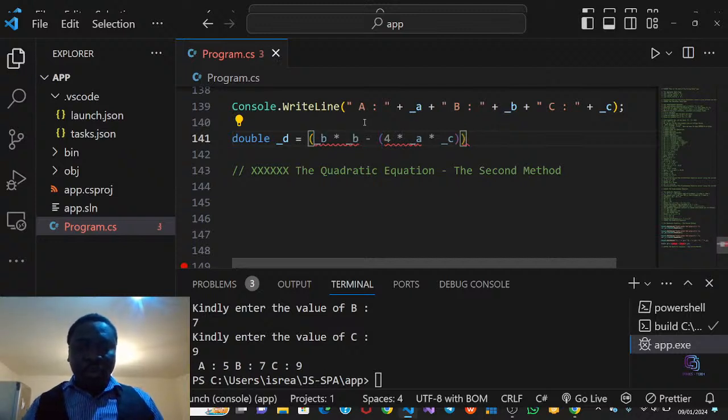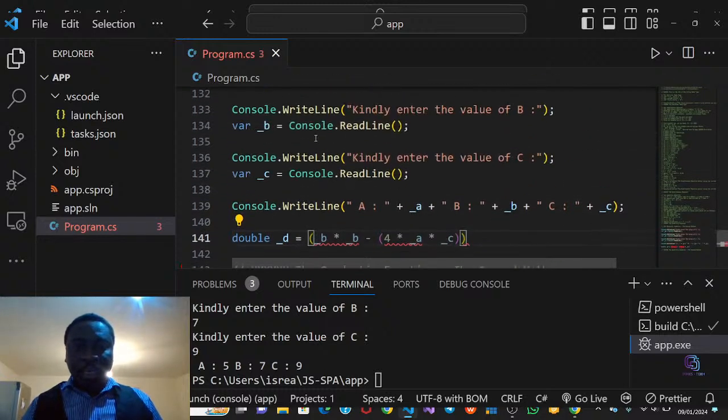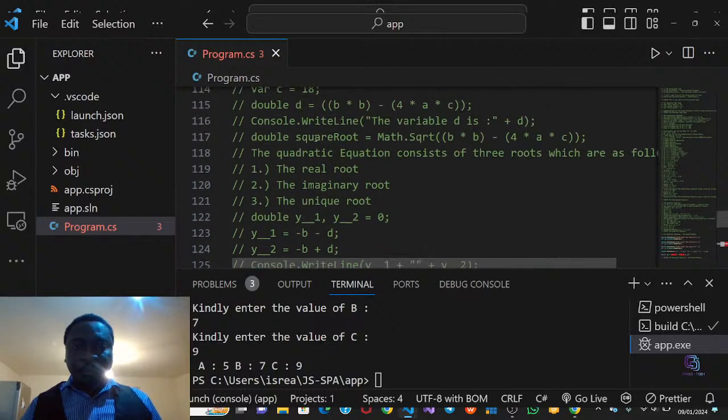Okay, so we're trying to solve this, and let's break it down into a simpler method. So what will I do?